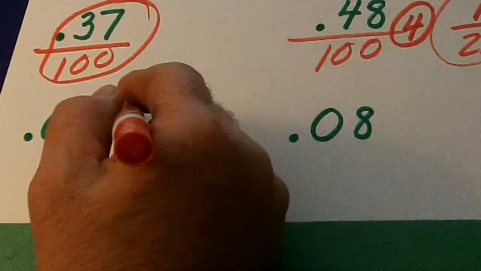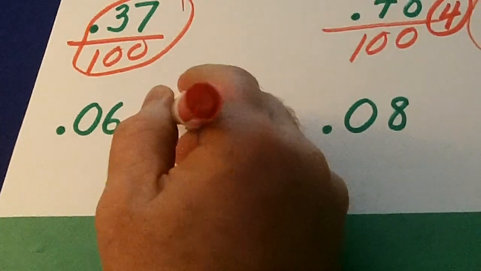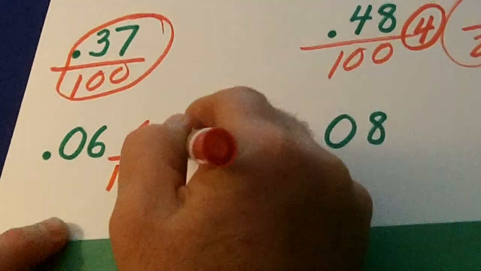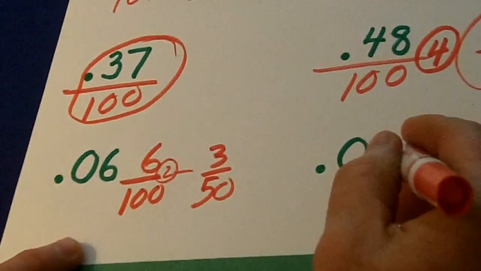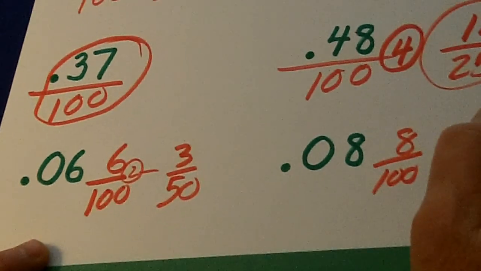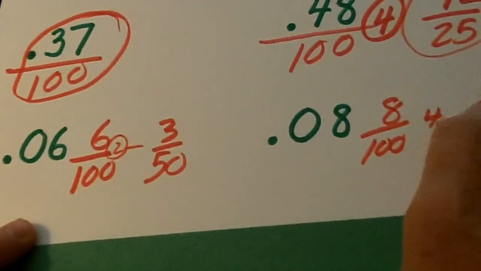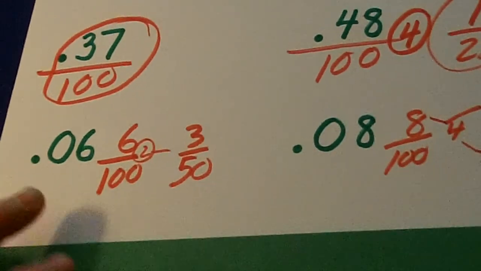Oh, 6 over 100. You can reduce that by 2 on top and bottom, so we get 3 over 50. But watch 8 over 100. 4 can go into that, so we get 2 over 25. 100 divided by 4 is 25. 8 divided by 4 is 2.